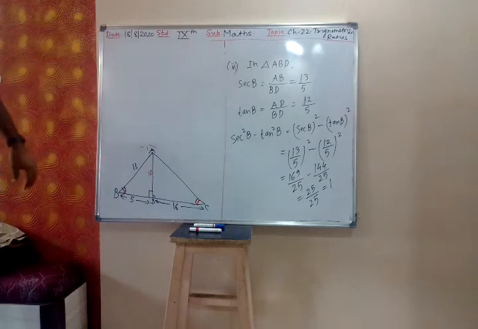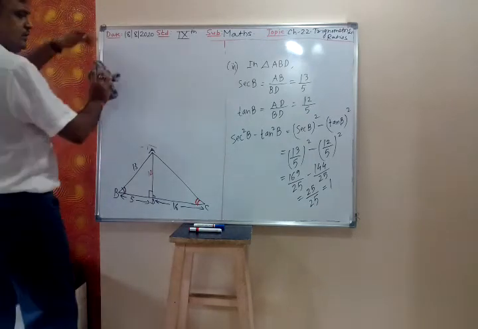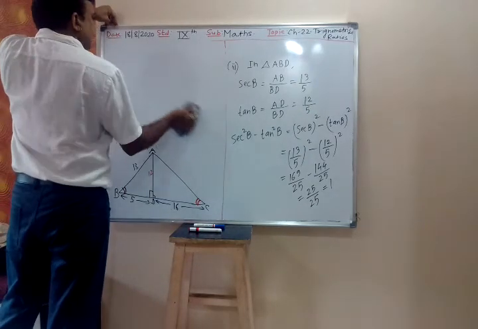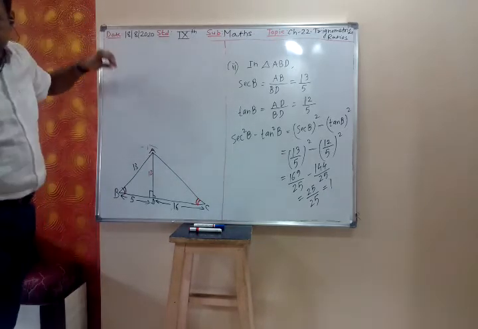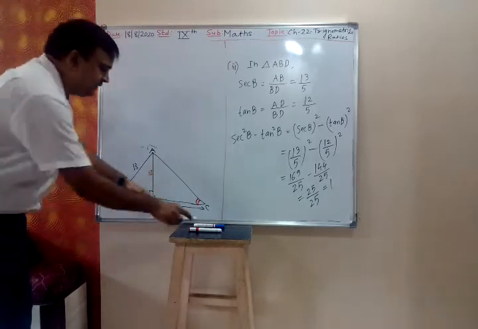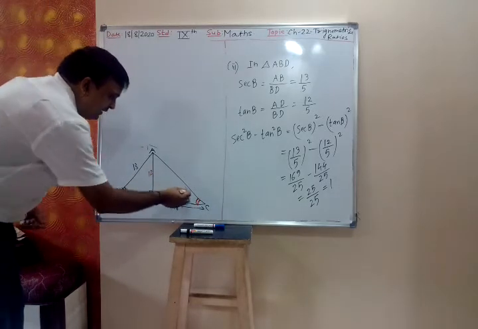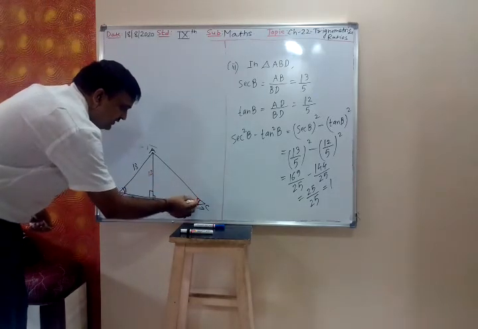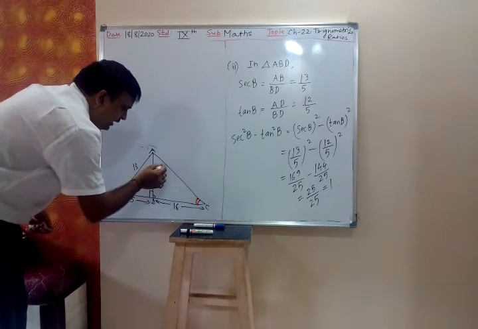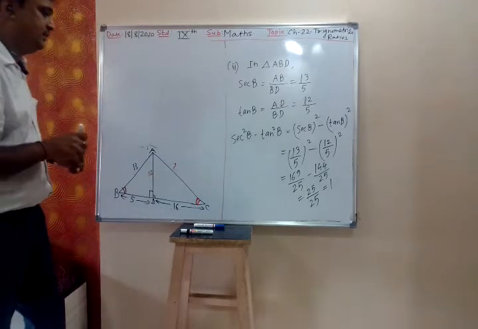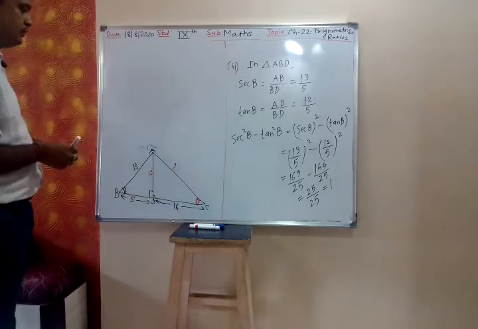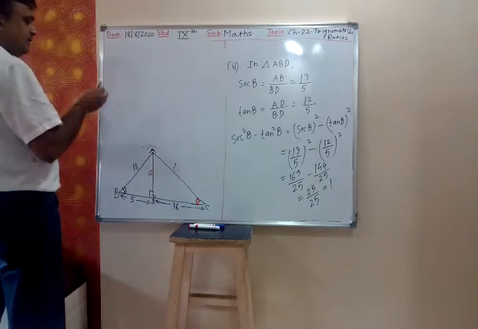Sin C will be opposite upon hypotenuse. So this hypotenuse AC we have to find first. For this fourth one we are required to find AC.